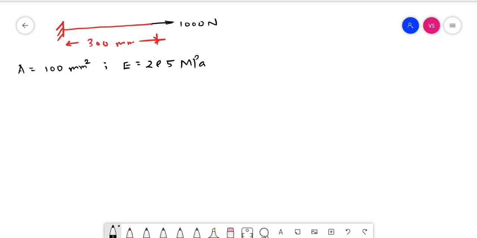The first step is, since they have asked us to use three equal length elements, we will have three elements here. This is element 1, this is element 2, and this is element 3. And each element will have 100 length.